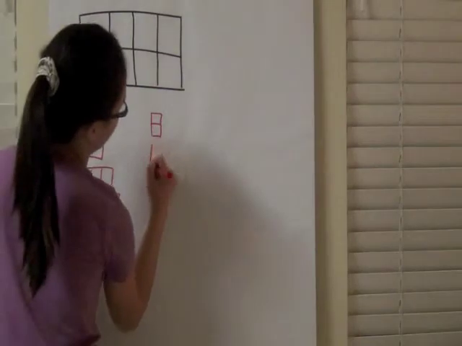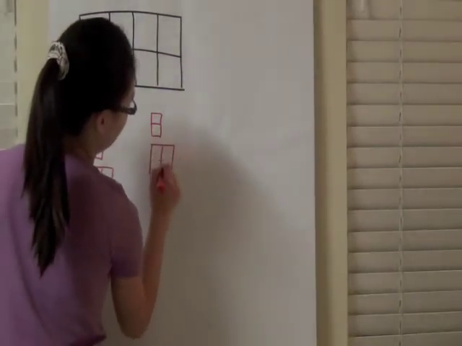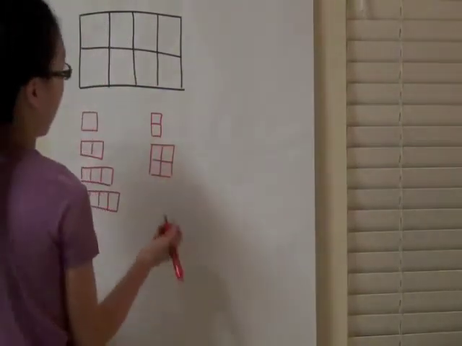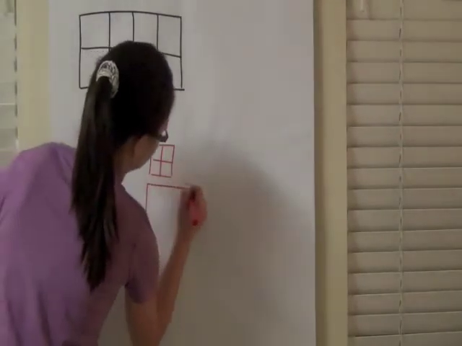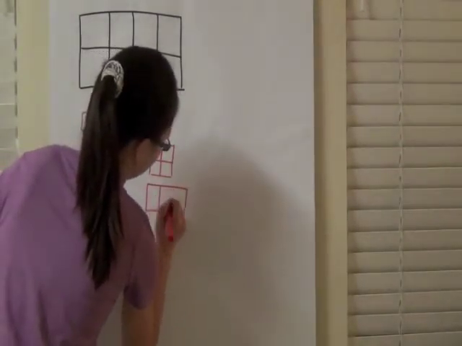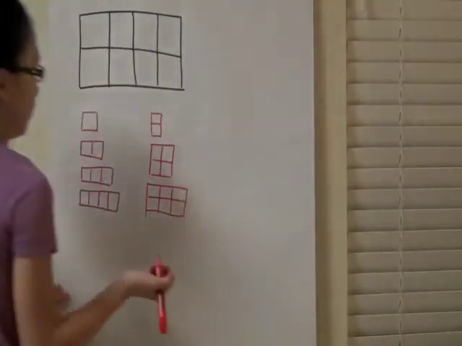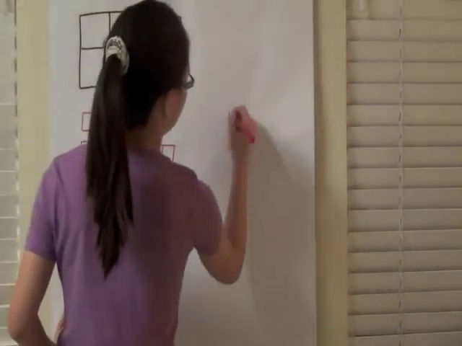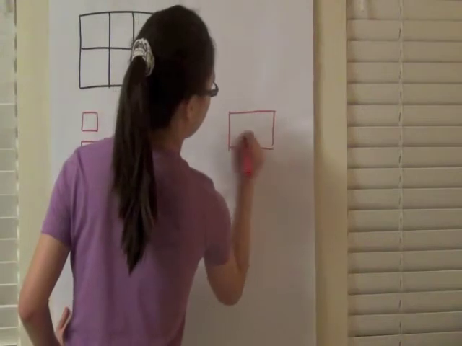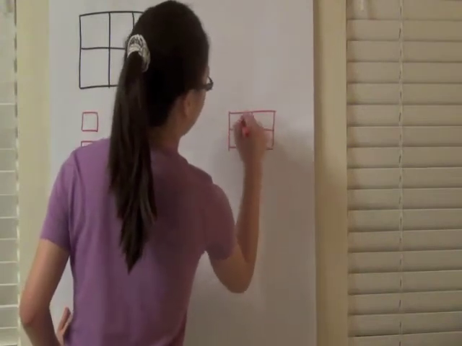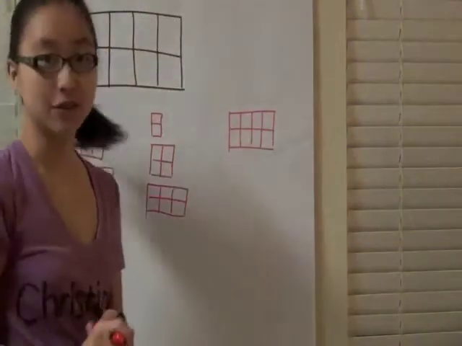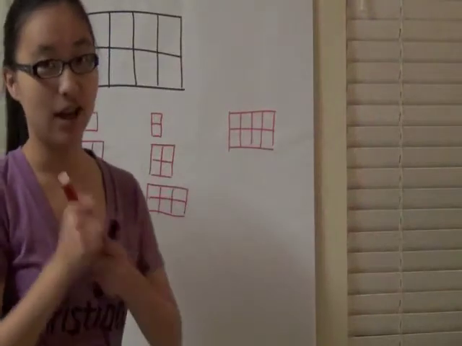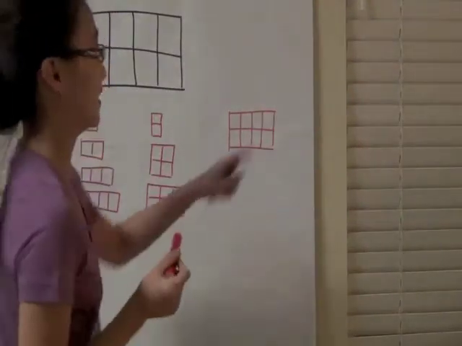You can have one that's a larger square. You could have a 2x3, or you could have the entire thing. Don't forget to count that. Sometimes I forget to count that, and it's still a quadrilateral.